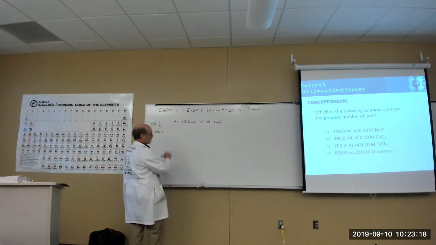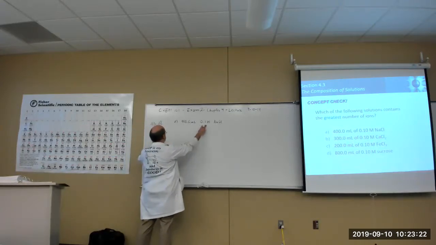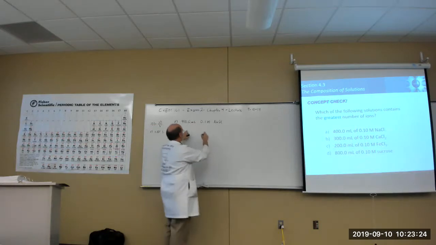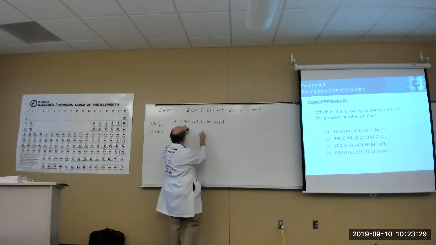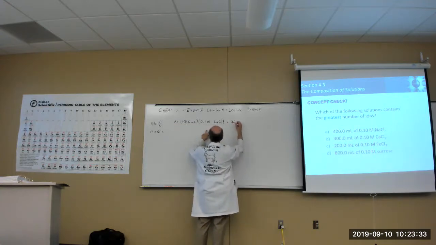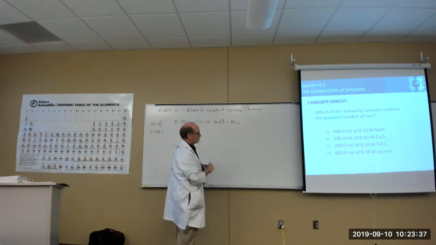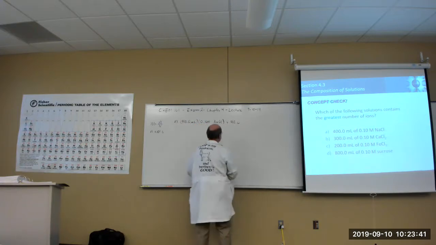That way I don't have to do any of those other conversions. So if we take molarity times volume, that gives us what? Well, 0.1 times that is 40. Right? 0.10. So that means I get 2.